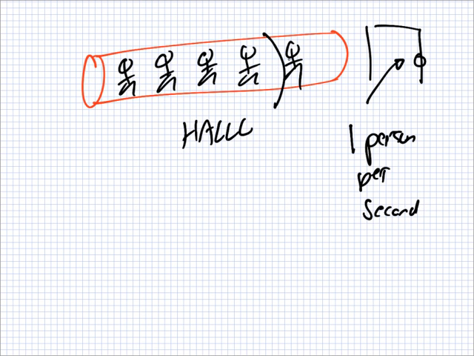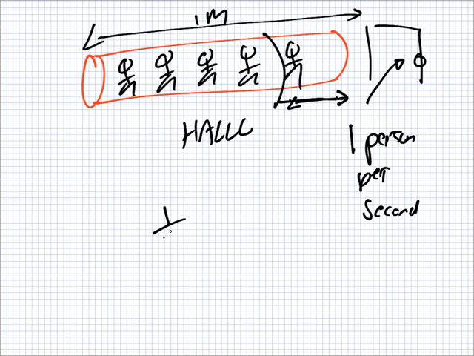Only the guy at the end here. So how fast must they all be walking so that in 1 second only the last person gets out? Well, let's say this is 1 meter. The whole thing is 1 meter. How big is this piece? Divide by 5. You have 5 people. So it's 1 divided by 5, which equals 0.2.